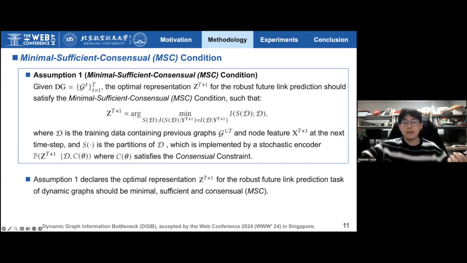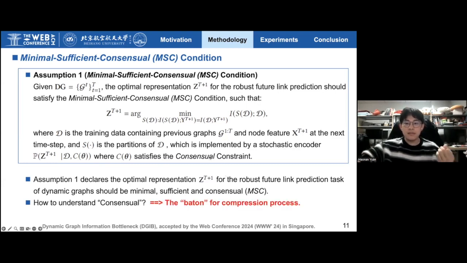On this premise, we minimize the amount of information obtained from D in SD. So assumption 1 declares the optimal representation for the robust future link prediction task of dynamic graphs should be minimal, sufficient, and consensual. And among them, the minimal and sufficient concepts have been clearly understood in the previous introduction. So how to understand the consensual?